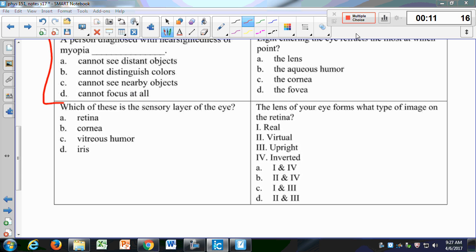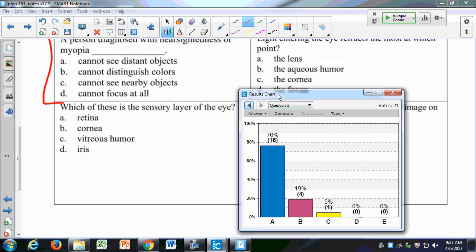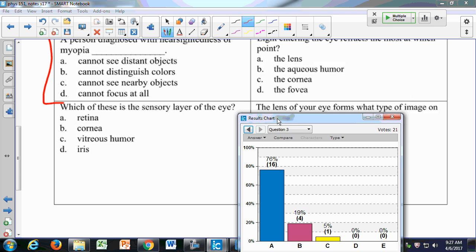We'll stop at 20. The other parts of the eye. Let's see. Yeah, the sensory layer, that's the layer that takes the light and converts it into an electrical signal.